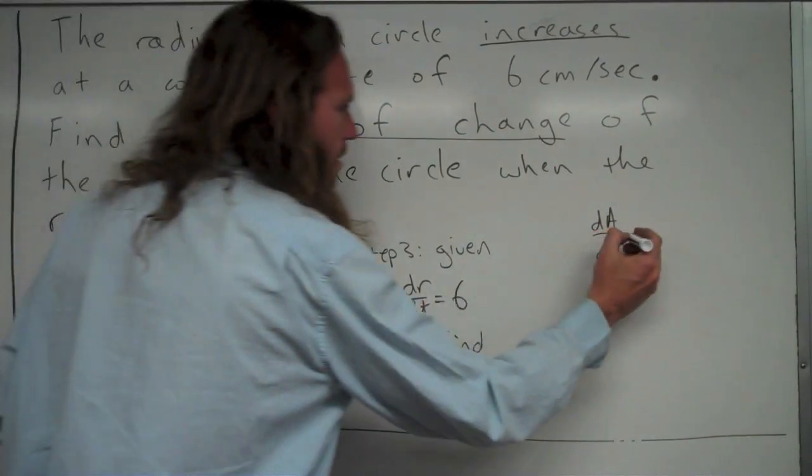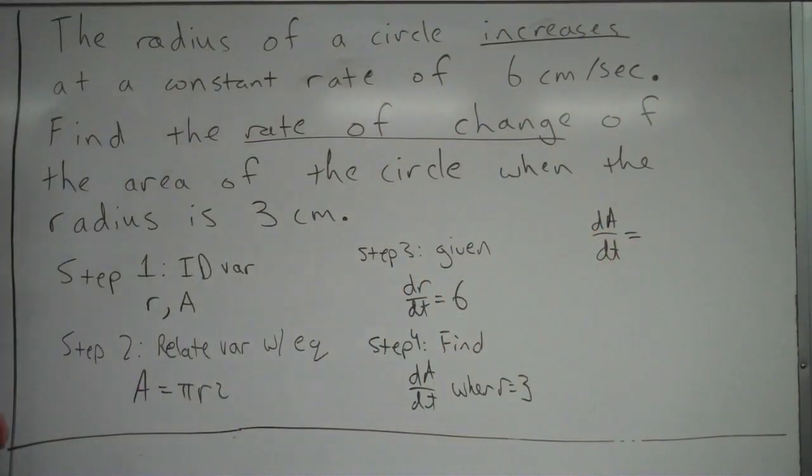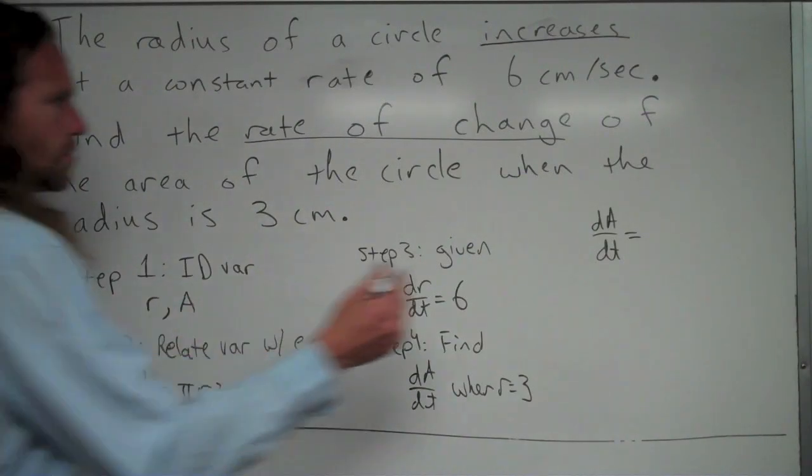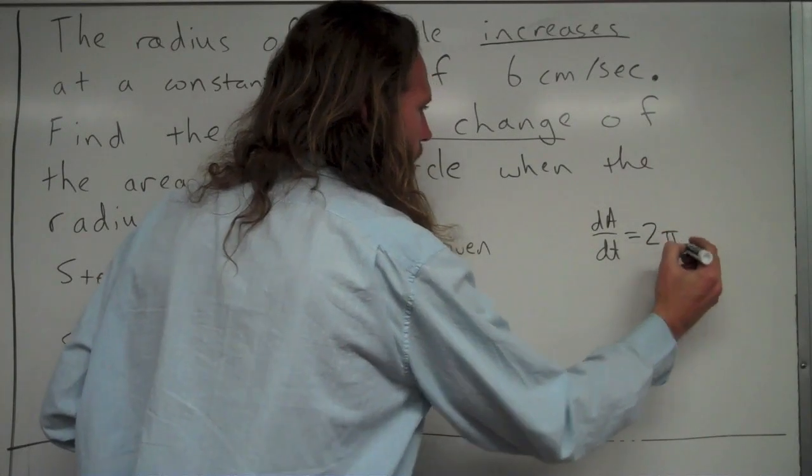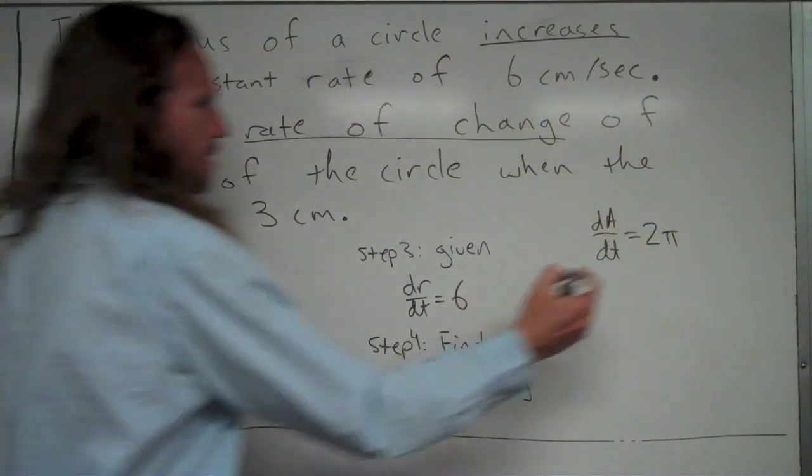And then equals, now on the right-hand side here, I've got to be careful with my derivative. Pi is just a constant. So I want to treat that just as a constant, so I don't want to use the product rule here. I just take the 2 down and multiply it times the pi. So it's going to be 2 pi, and then I subtract 1 from the exponent of r to be r.